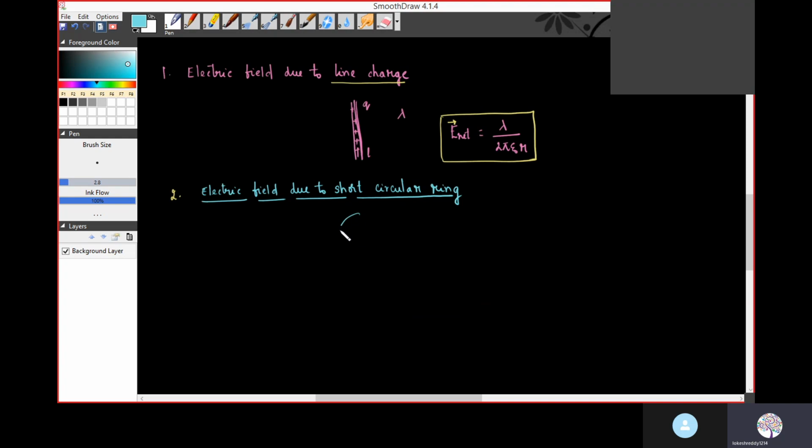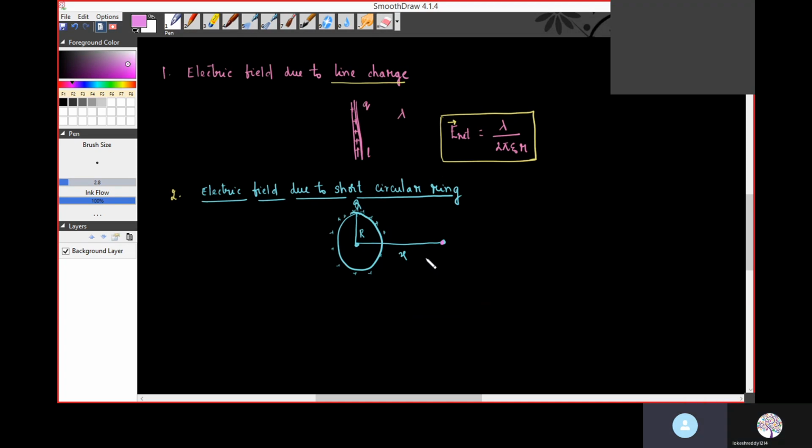Now if you have a circular ring, its radius is R. On the axis at a distance x, the circular ring is having a charge q. Now at x distance we are finding the electric field.